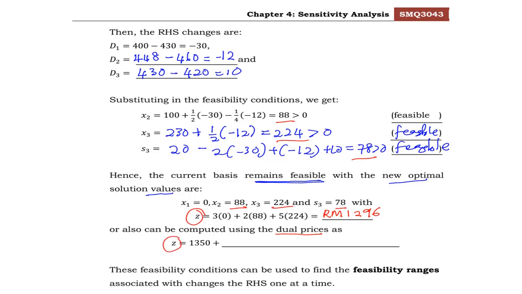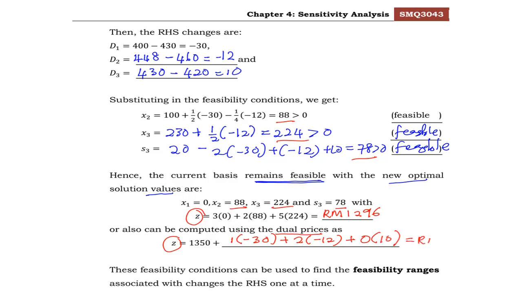So 1,350 plus 1 times D1 equals negative 30, plus 2 the dual price times D2 equals negative 12, okay, plus 0 the dual price for constraint 3 multiplied by D3, which is 10.